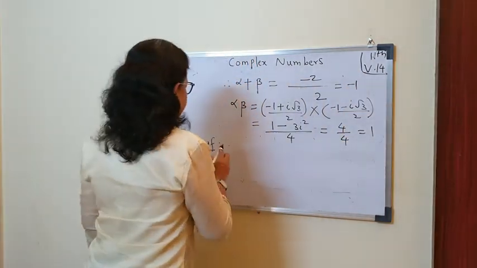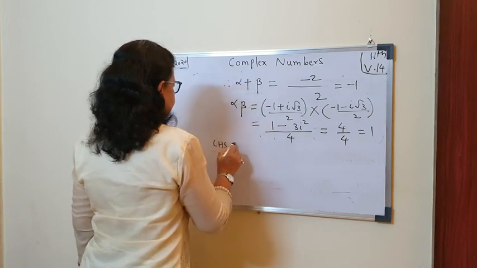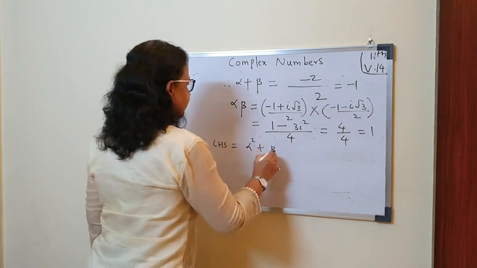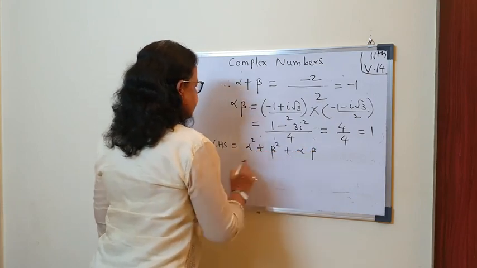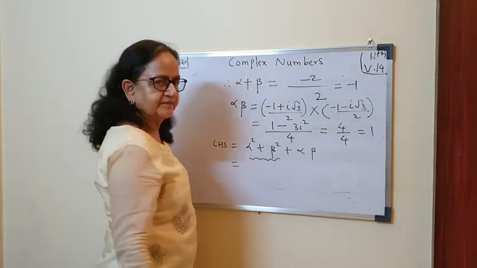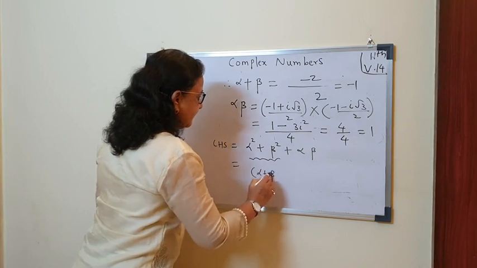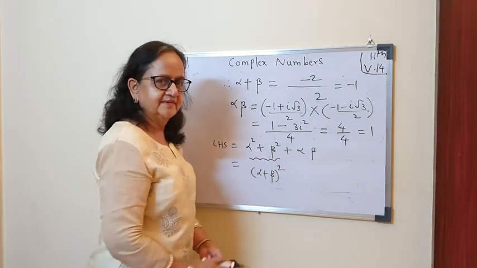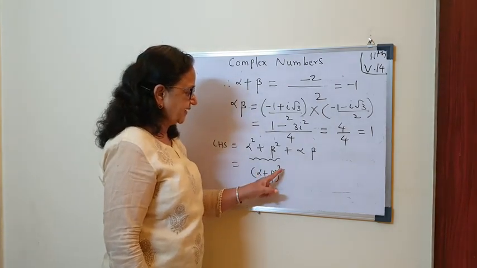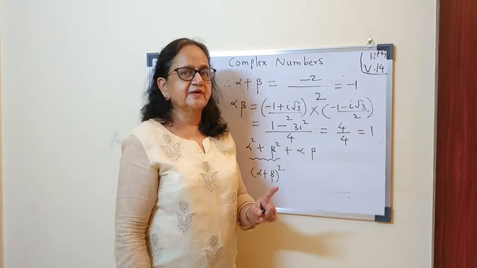And now in the first part, let us take the left hand side. LHS was, observe, alpha square plus beta square plus alpha beta. That was the left hand side. Underline these two. I can write this as alpha plus beta the whole square, but then I'm wrong because when I open this out, what do I get? A plus B bracket square, how do you open it? A square plus B square plus 2AB.